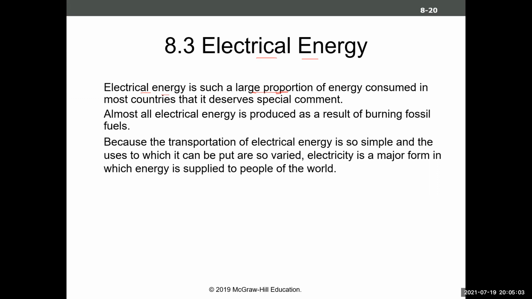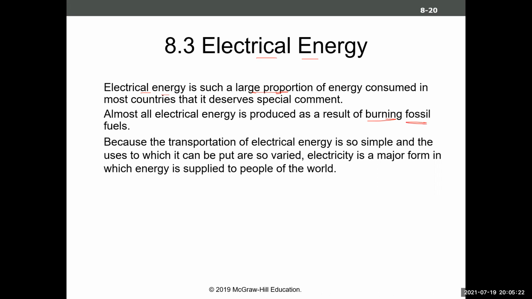It should have been discussed anyway because it's used pretty much everywhere, and it comes from the burning of fossil fuels.